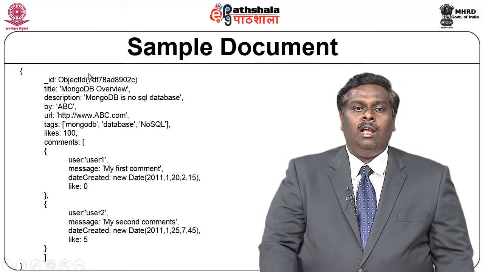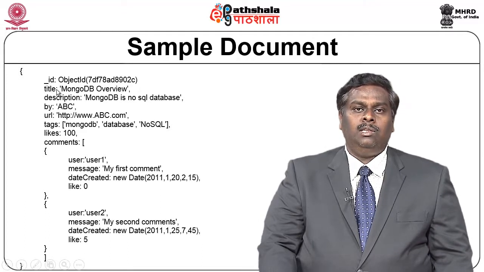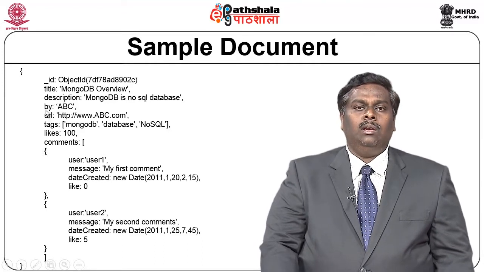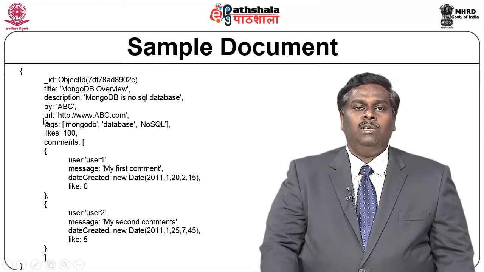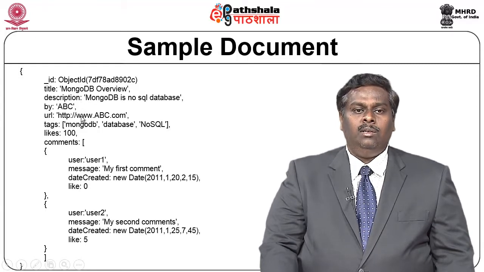Every document will have its own fields like title as shown here, description of the document, the author or who created this document, then the URL where this document content is highlighted, and tags related to this document.